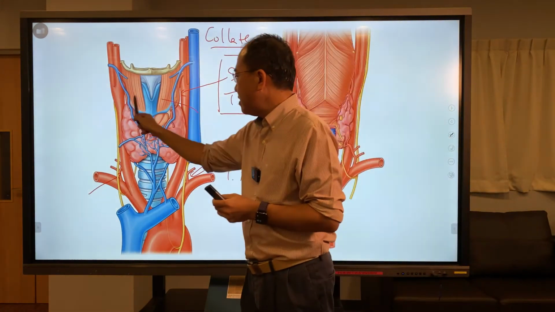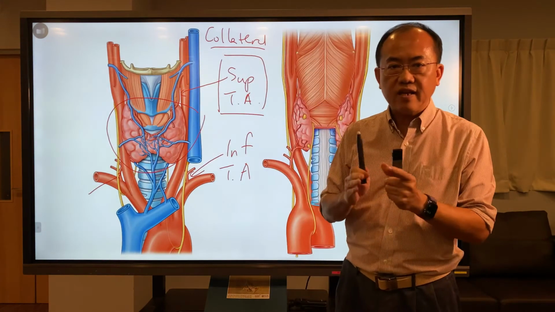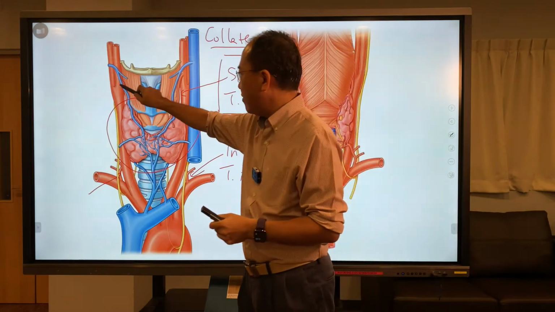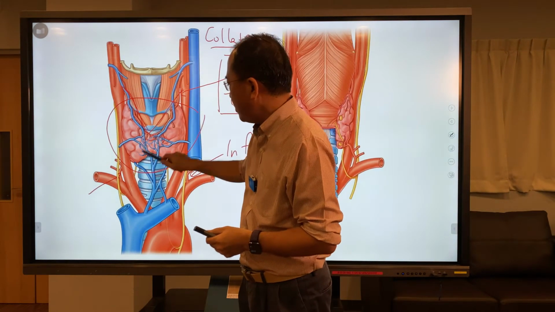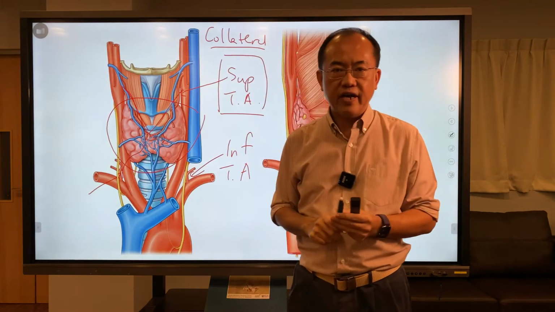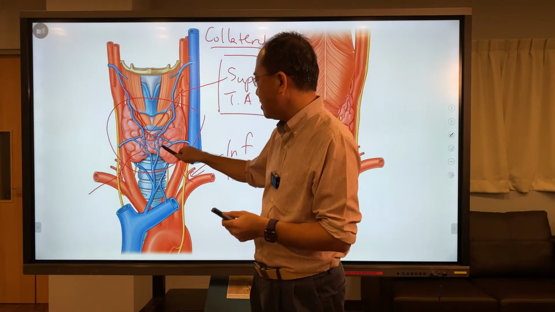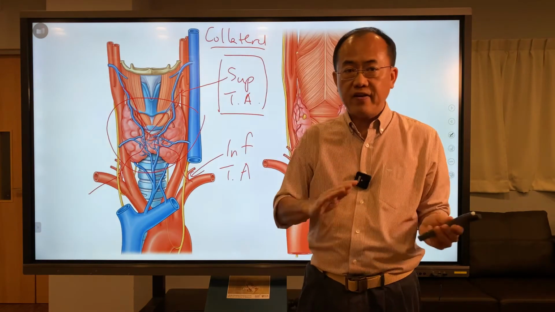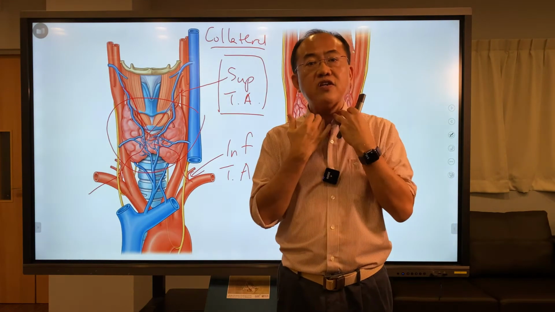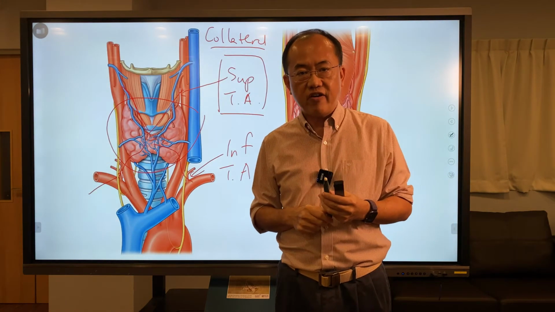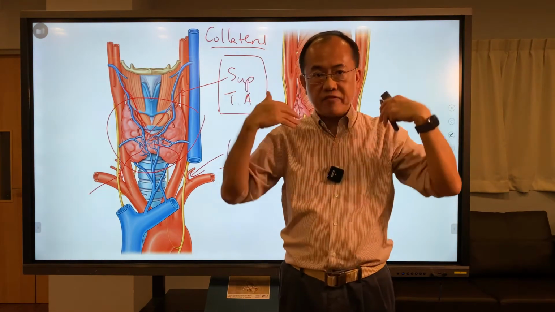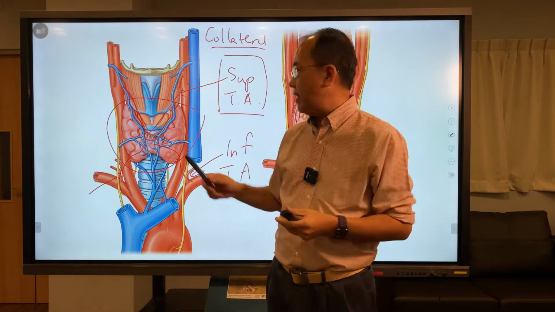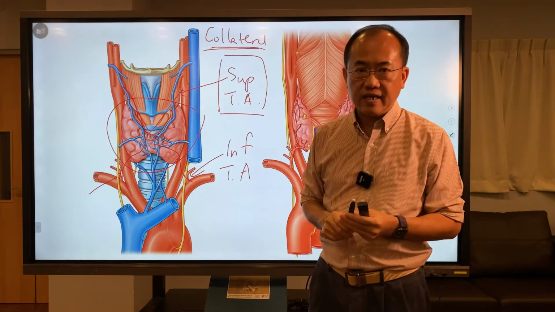Around the thyroid gland, there's a lot of anastomosis between the right and the left superior thyroid, between branches of the superior thyroid and branches of the inferior thyroid, and of course between the left and right inferior thyroid. So please take note that in the head and neck region, there are lots of anastomoses that allow collateral circulation.